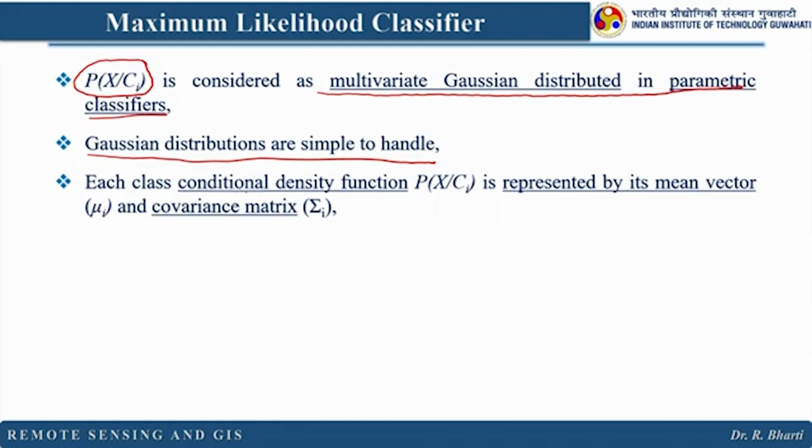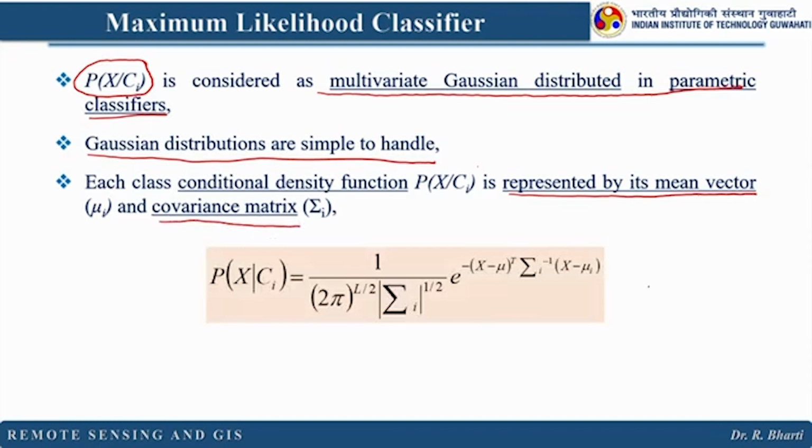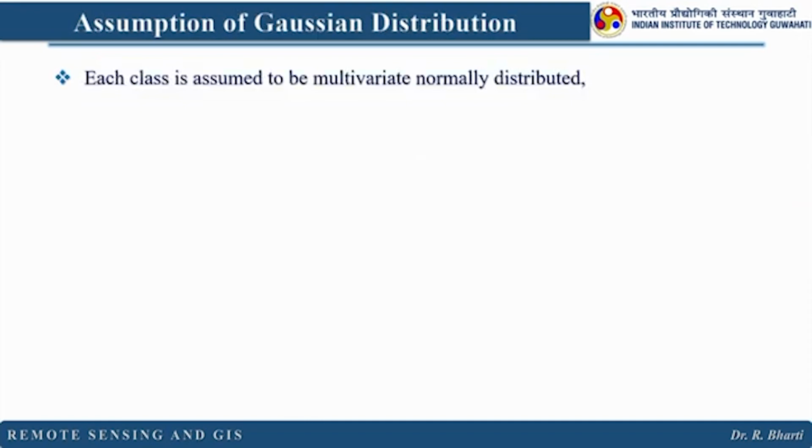Each class conditional density function is represented by a mean vector and covariance matrix, and this mathematical expression can be used for that. Now, what are the assumptions we take into account in Gaussian distribution? Each class is assumed to be multivariate normally distributed.